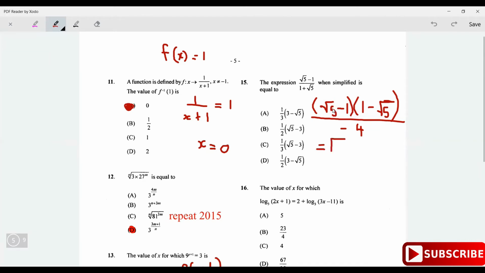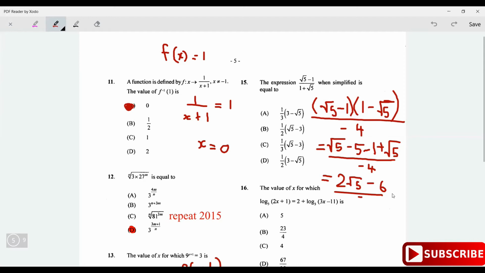Root 5 times minus root 5 is minus 5. Then minus 1 times 1 is minus 1. Then minus 1 times minus root 5 is plus root 5. So root 5 plus root 5 is 2 root 5. So what we're getting is 2 root 5 minus 6 over negative 4.